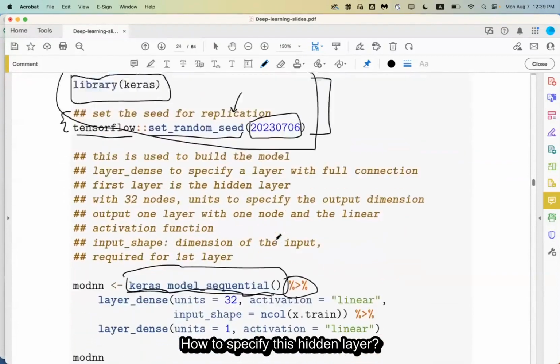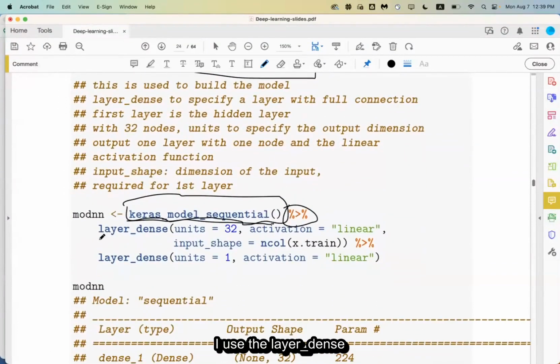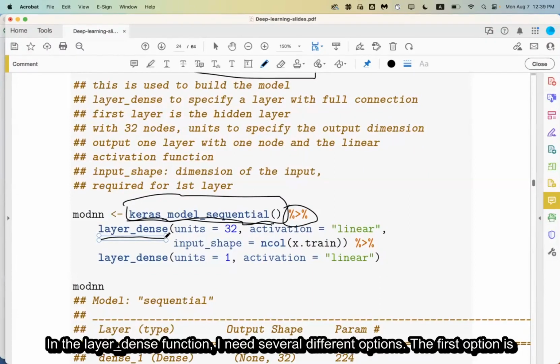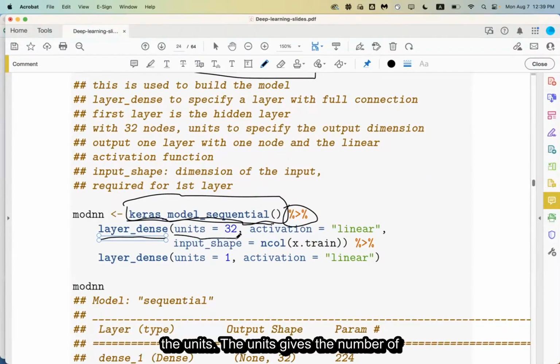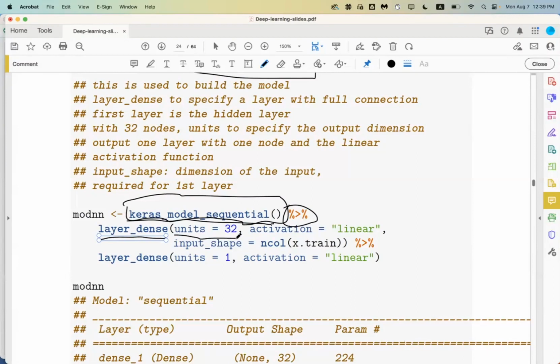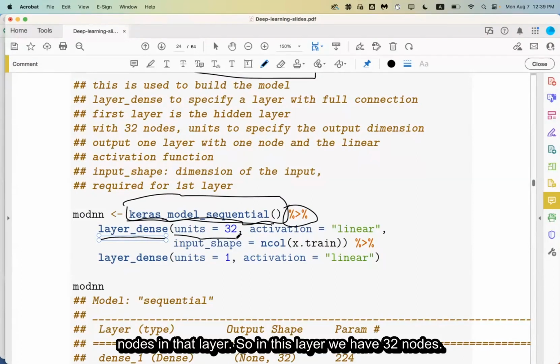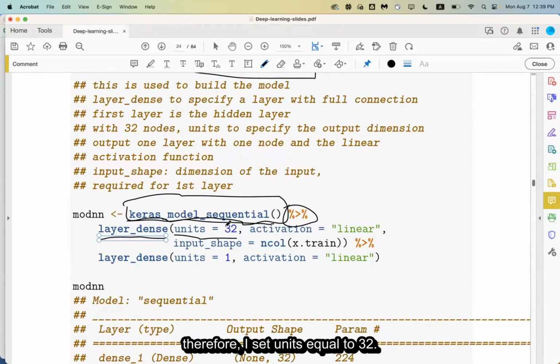How to specify this hidden layer? I use the layer dense function. In the layer dense function, I need several different options. The first option is the units. The units gives the number of nodes in that layer. In this layer, we have 33 nodes. Therefore, I set units equal to 33.